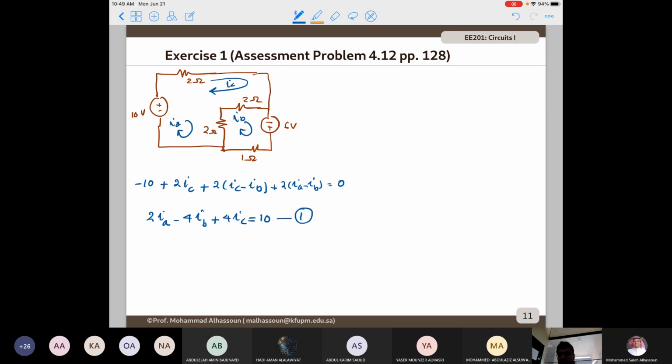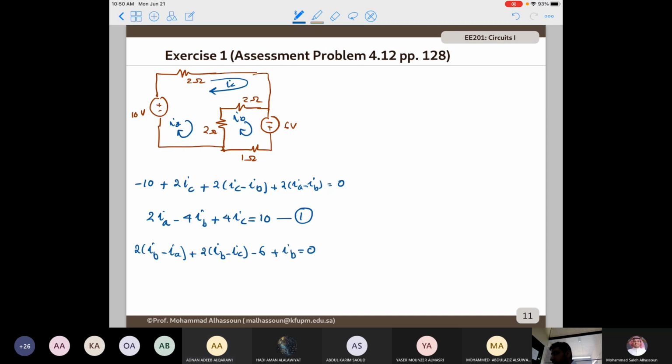Adnan, the second equation. 2IB minus IA, 2IB minus IC, minus 6 volt, plus IB equals 0.